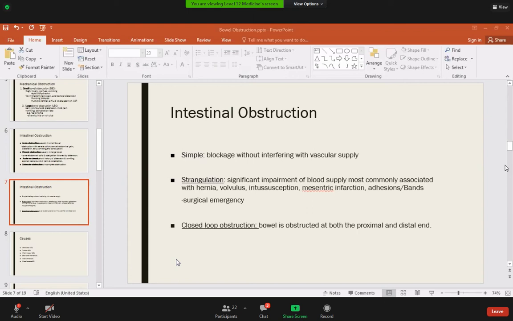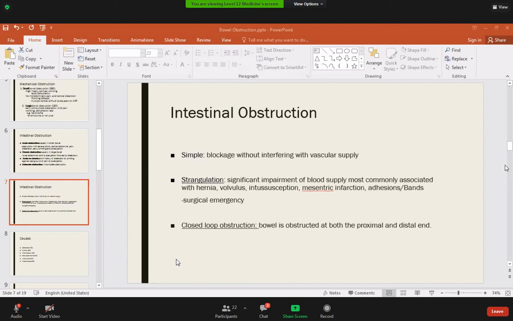Strangulation means the blockade is of such an extent that it causes impairment of the blood supply, and it may lead to ischemic necrosis or death of that specific segment, and later on that can perforate. Usually these strangulated obstructions are seen in cases of hernias, volvulus, intussusception, mesenteric infarction, and in extramural causes like adhesions and bands. And strangulation obstruction is a surgical emergency.